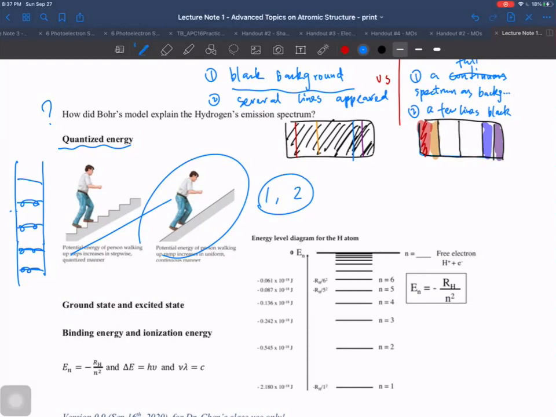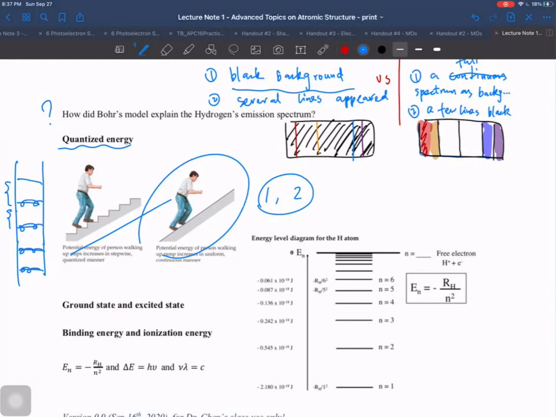The height is made of an integer number of these small units. You cannot say I have 1.5 packets of energy. You either have 1 packet or 2 packets, and 1 packet has a certain amount of energy.